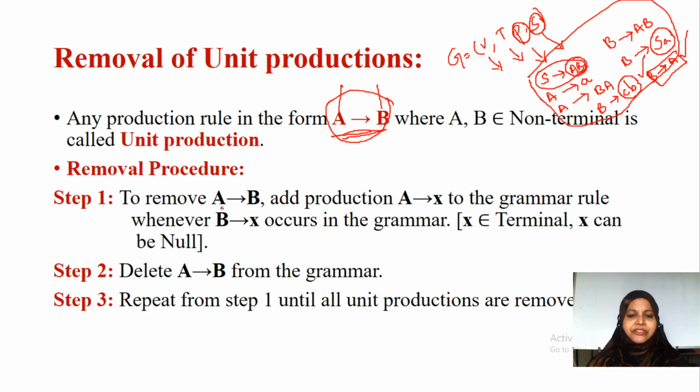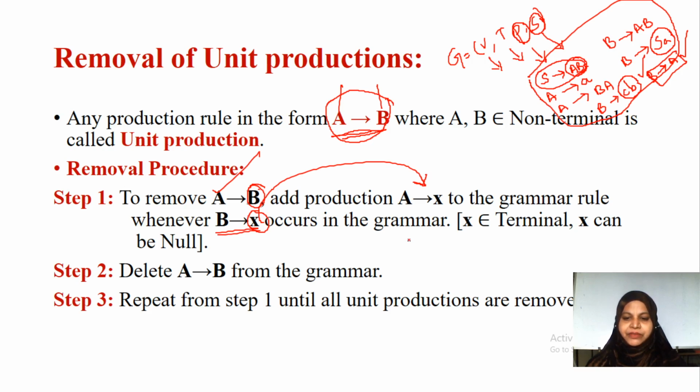Step 1: for example, if a unit production A tends to B is there, in that case we have to add all the B productions to A. For example, my B production is B tends to X. Now I add this X to A, and then we can remove this unit production.